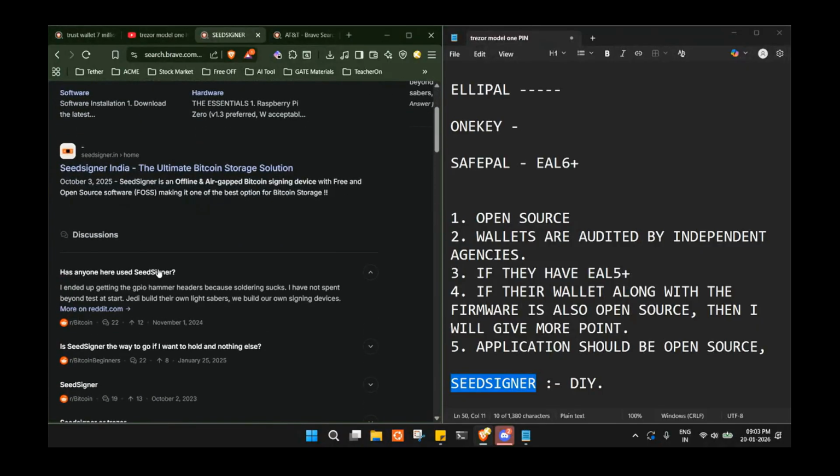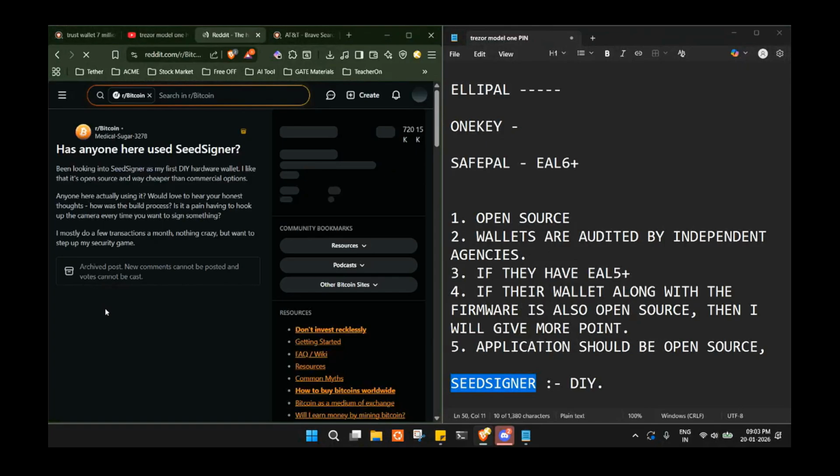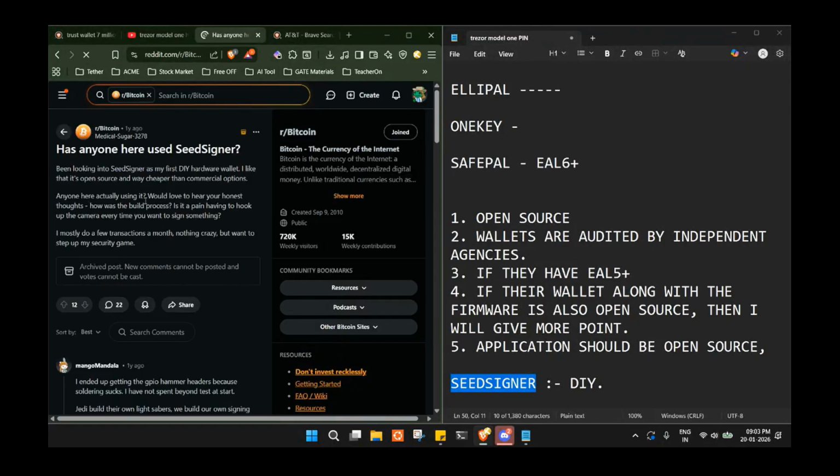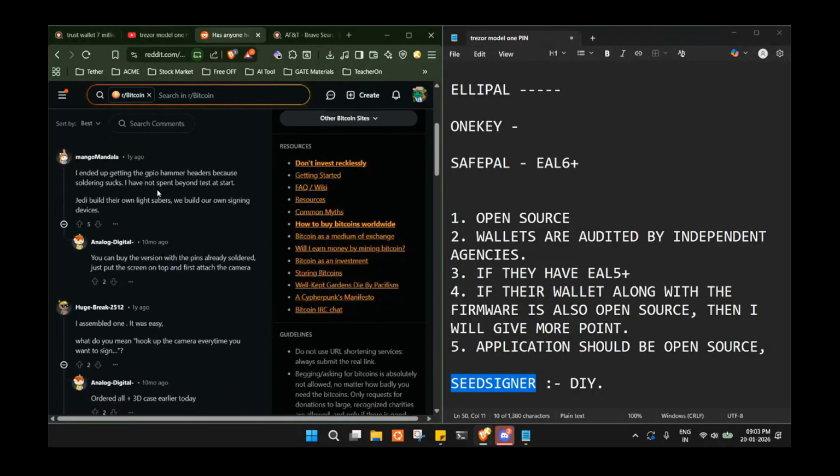I am also a little technical person. I have used SeedSigner, but I have stopped using it. If you ask me why, it is because I don't believe in the ESP32 community. You might say why, because everyone is using ESP32. The problem is ESP32 is not fully open source.